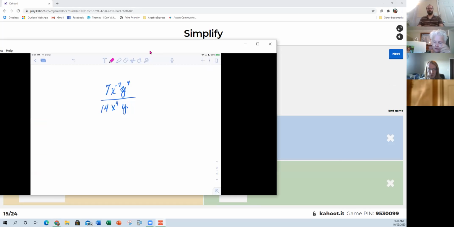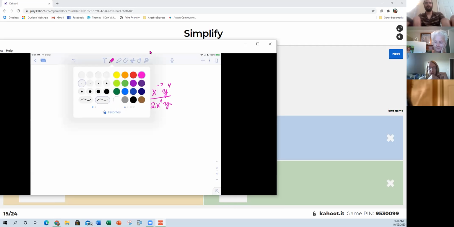So the 7 and the 14 reduced to 1/2. So far I have x to the negative 7th, y to the 4th, over 2x to the 4th, y.